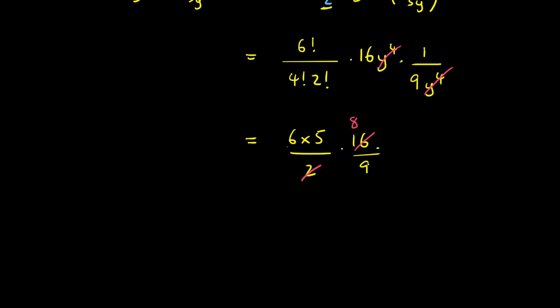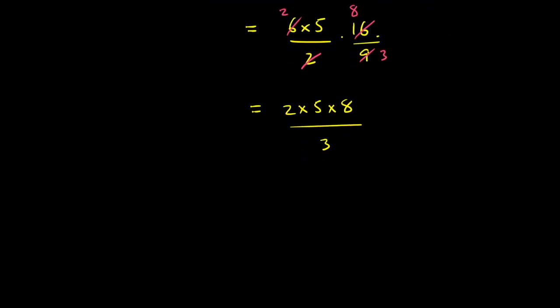We can divide top and bottom by 3, so that 6 will become a 2, and that 9 will become a 3. So on the top, it looks like we've got 2 times 5 times 8. And on the bottom, we've got 3. Okay, well, 2 times 5 is 10. What's 10 times 8? 80. So we're going to get 80 upon 3, right? We've left our answer as requested in exact form.